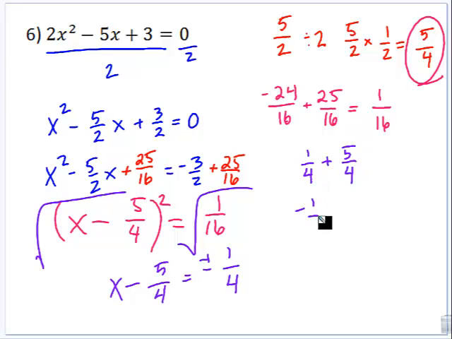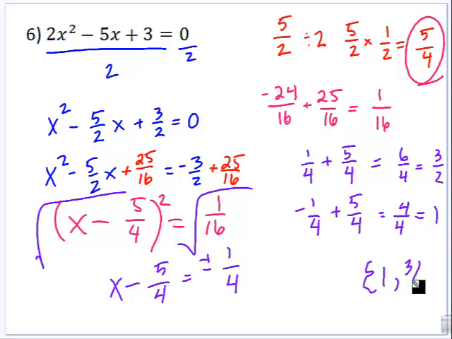And then we'll also have to take our negative 1 fourth and add 5 fourths to it. Well, 1 fourth plus 5 fourths is 6 fourths, which reduces down to 3 halves. Negative 1 fourth plus 5 fourths is 4 over 4, which is just 1. So our solution here is 1 and 3 halves.